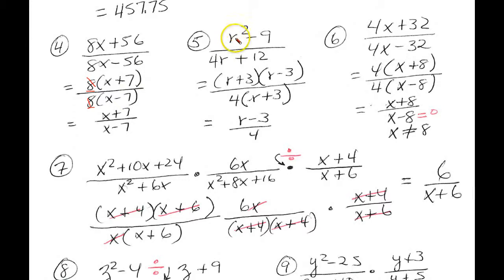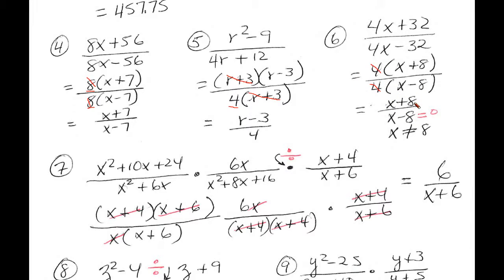For number 5, we factor that into its conjugates. We factor out the 4. Now, one of these cancels out, and we're left with r minus 3 over 4. Here we factor out the 4, factor out the 4. Again, the 4's will cancel out, and we get this.